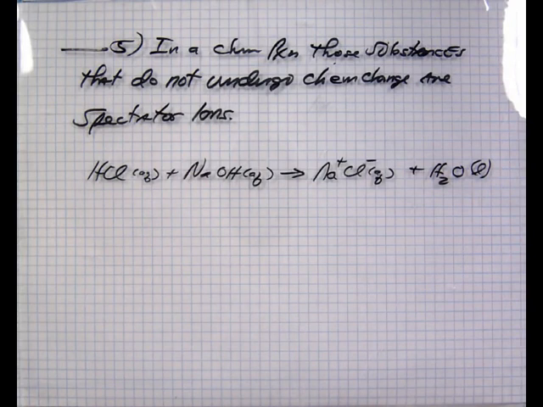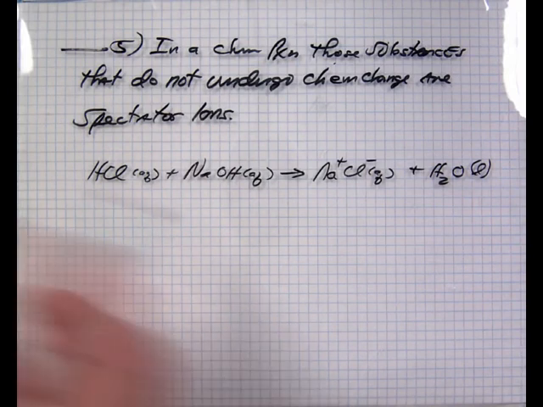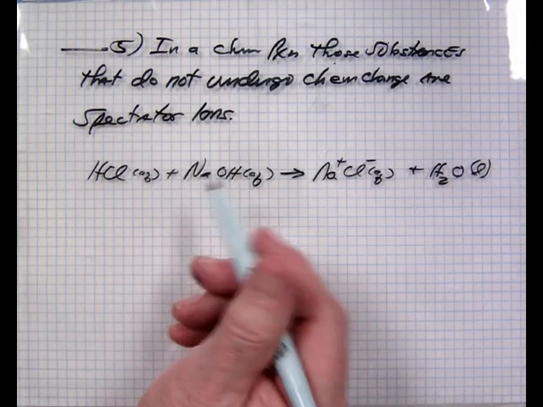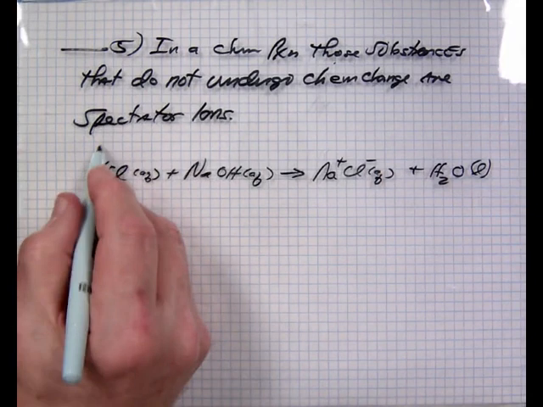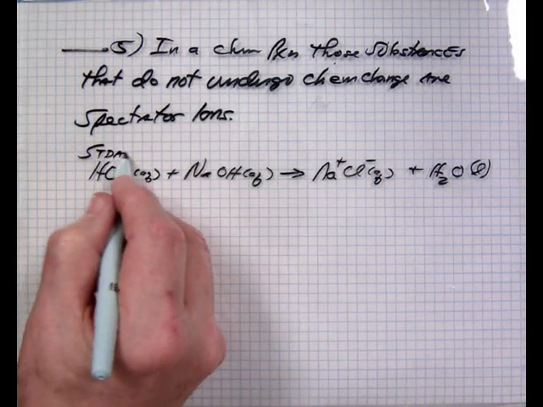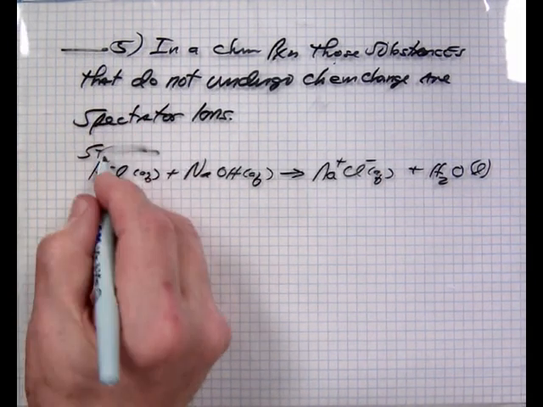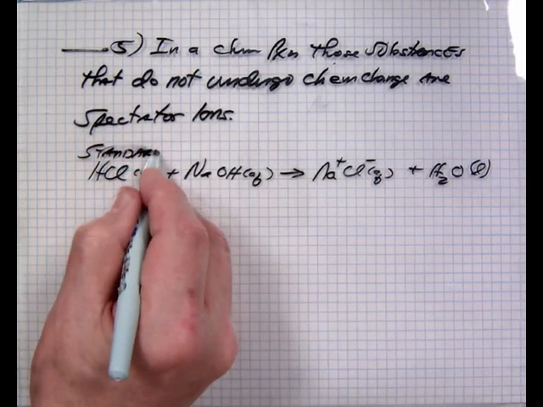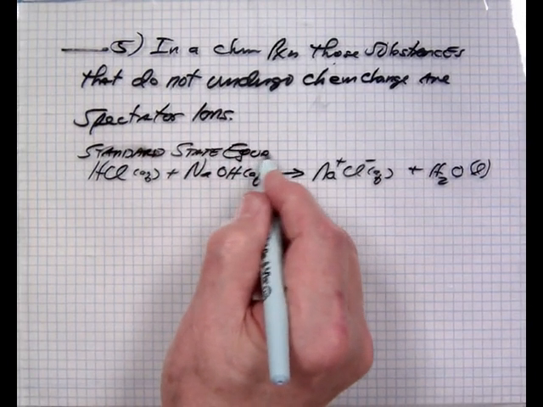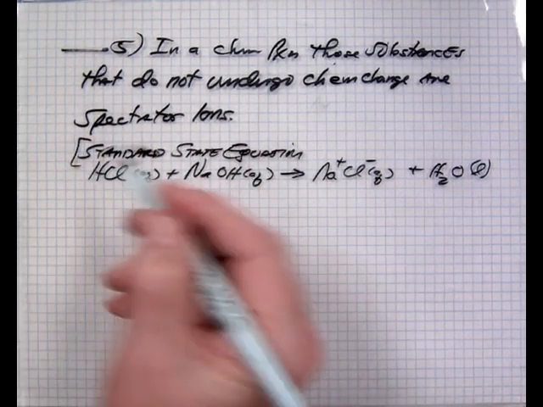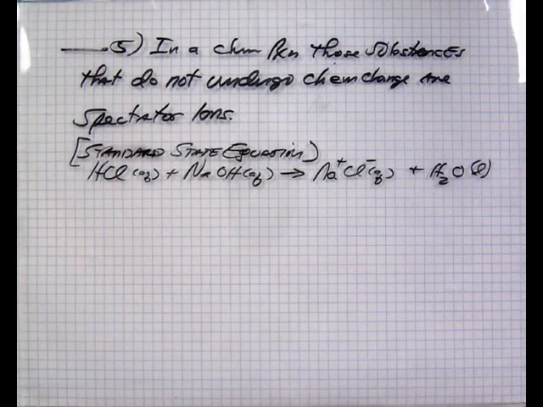That is, you look in the back of the book and you get the formula for hydrochloric acid and water, and you write it down, and then you write down the standard state for sodium hydroxide, sodium chloride, and so forth, and balance it with respect to the mass balance, and you have the standard state equation, when you put it together like that.